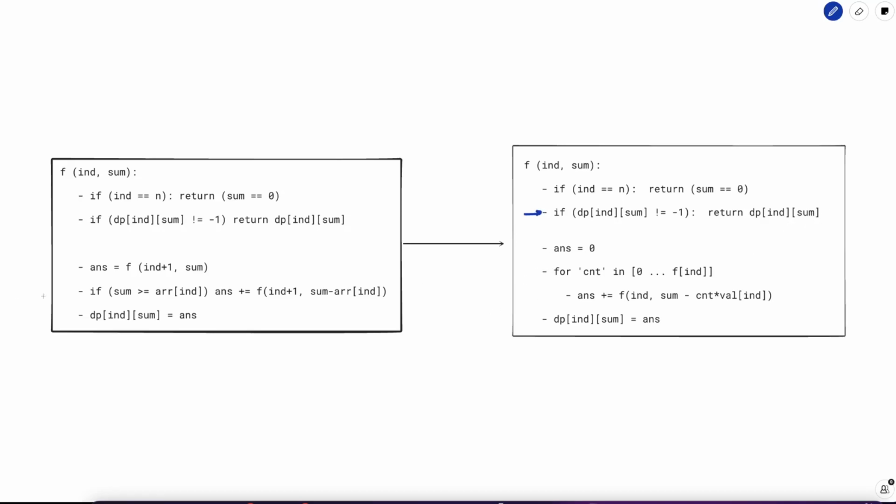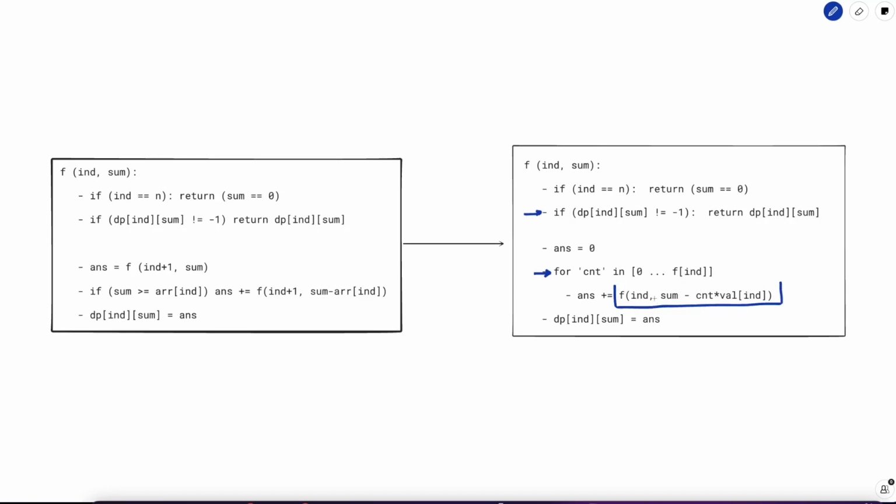Otherwise, previously it was take or not take. Now we have these f of index plus one number of choices, which is either you will not take it, you will take it once, you will take it twice, all the way up to f of index times. And for each of these you want the number of sub-multisets that can sum up to the remaining sum.